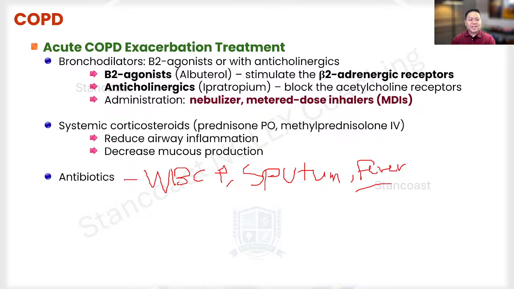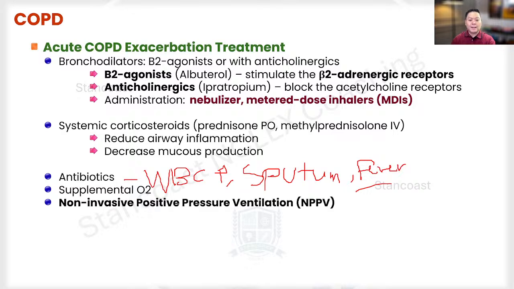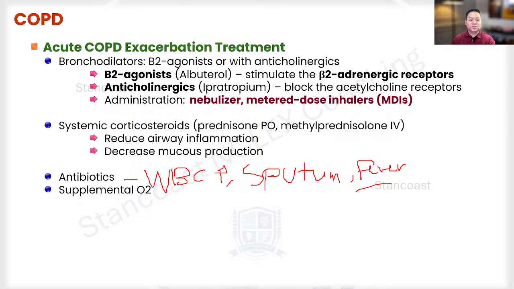Now, moving ahead with acute exacerbation, we are going to talk about the supplemental oxygen, and this is going to be required for those patients that have hypoxemia in order to maintain adequate oxygenation. We are going to aim for our patient to maintain their oxygen saturation at least 88 to 92%.